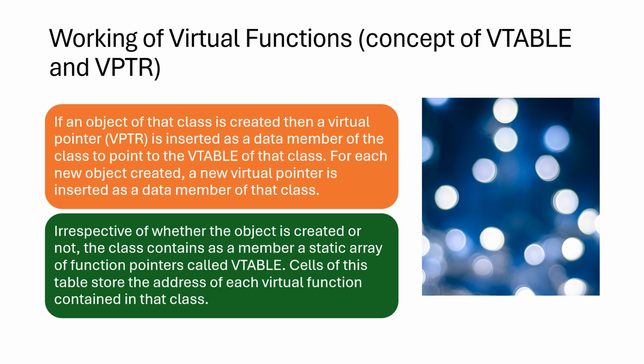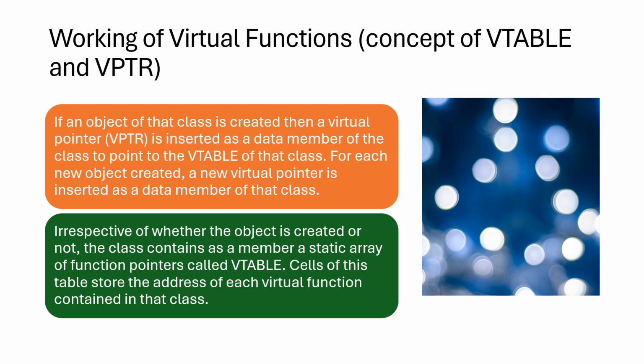Working of virtual function, the concept of V table and V pointer. It is a virtual table and virtual pointer. If an object of the class is created, then the virtual pointer is inserted as a data member of the class to point to the V table of the class.